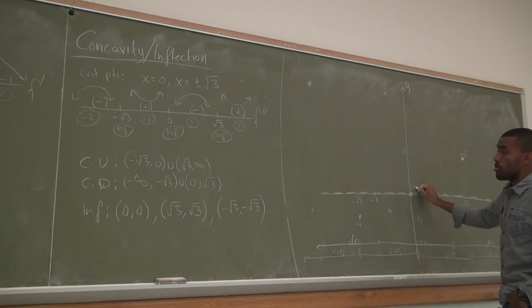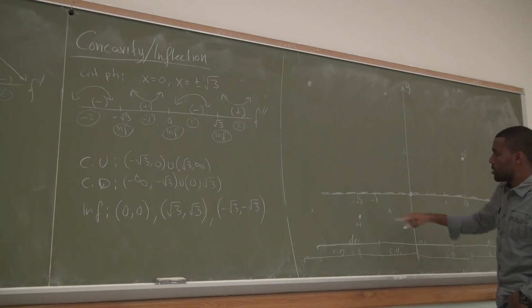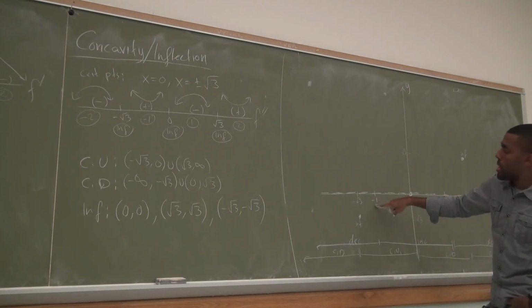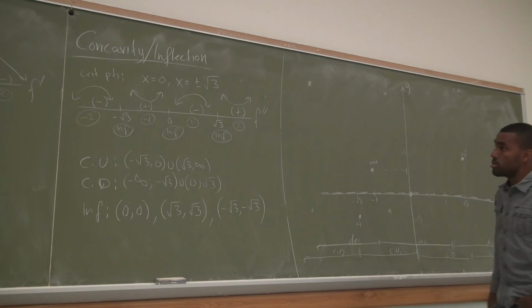This is a 0. Well, nothing. 1 comma 1 was a maximum. This was a max at -1, 1.